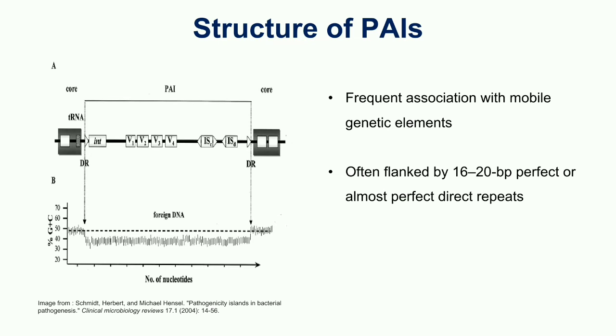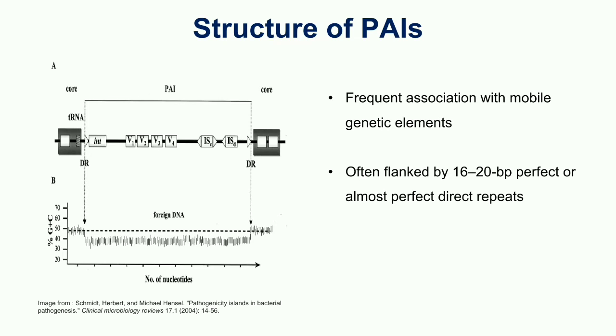As you can see in the diagram, the pathogenicity islands begin with and end with two triangles. These triangular sequences indicate presence of direct repeats which are 16 to 20 base pairs long.